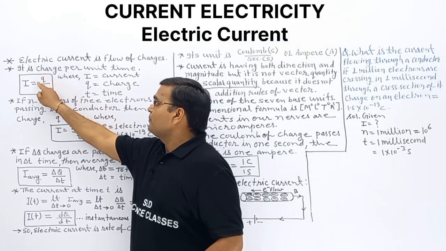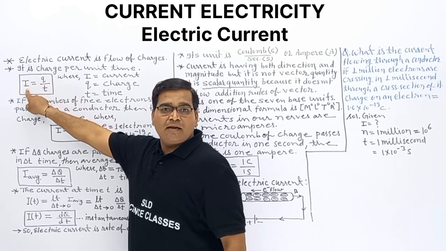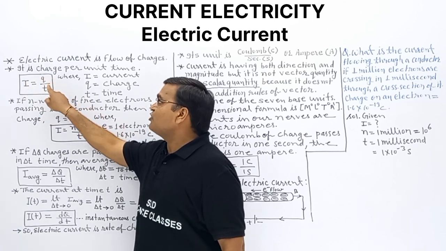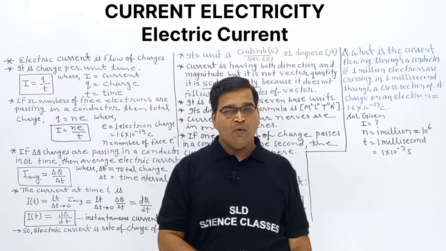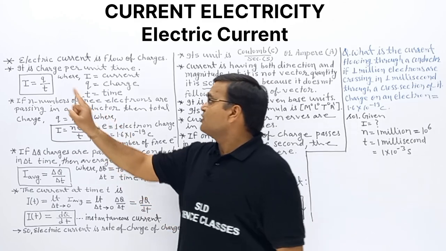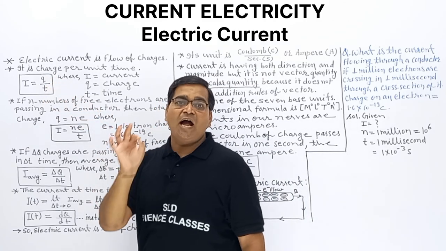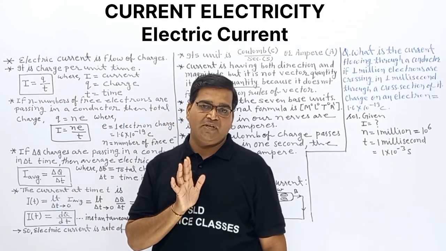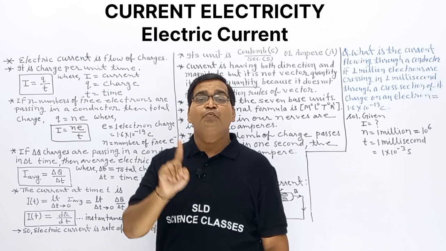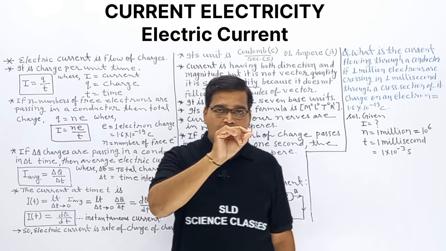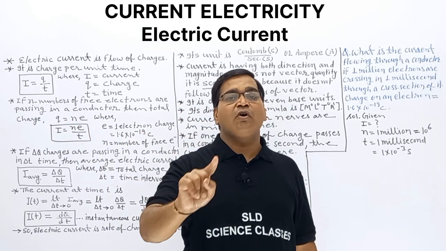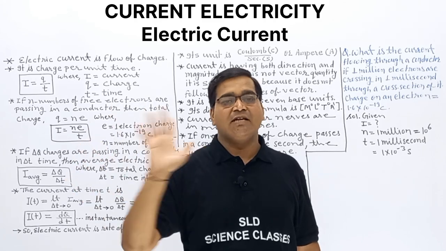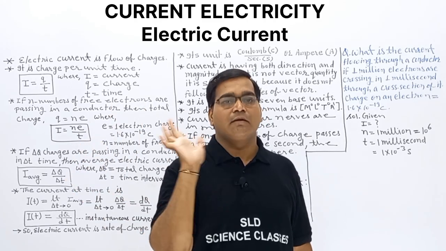Only you should know that we are discussing current, and current is charge per unit time, charge upon time. And it is the flow of charges. In a conductor, in a wire, the flow of charge is current.